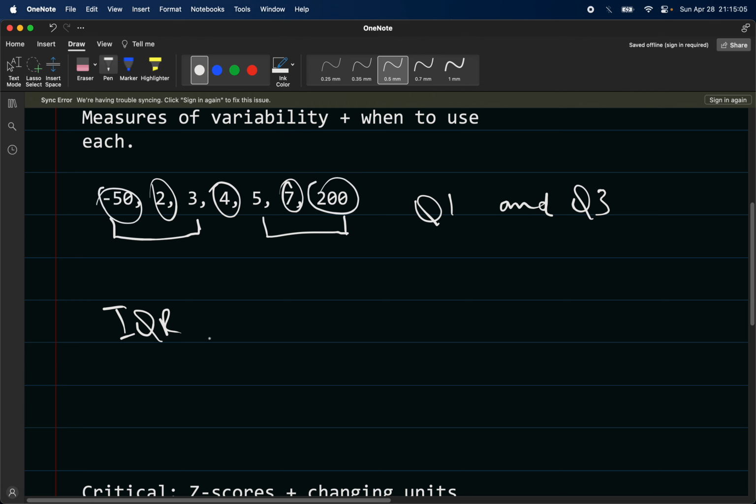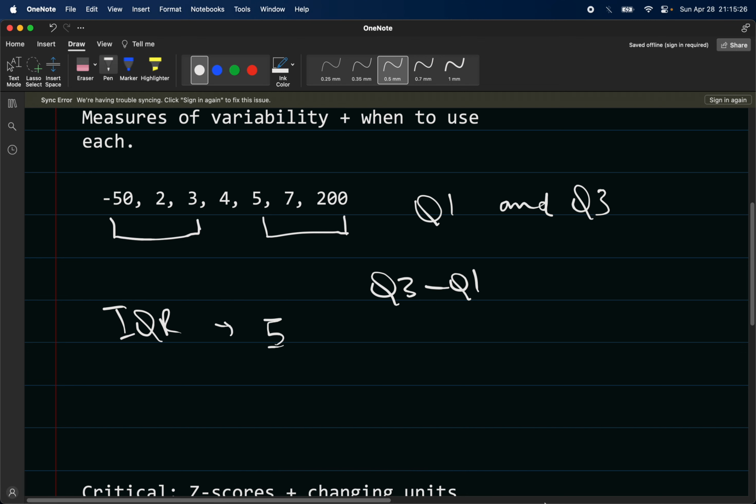Now what the IQR does, this is very important, is it measures the middle 50% of the data, right? So what is the middle 50%? Well, that's just Q3 minus Q1, correct? And in this case, 7 minus 3 is 5, which is a much better estimate than the range, because remember, the range said it was 250, right? So the IQR is much more resistant to outliers because it makes use of the median.